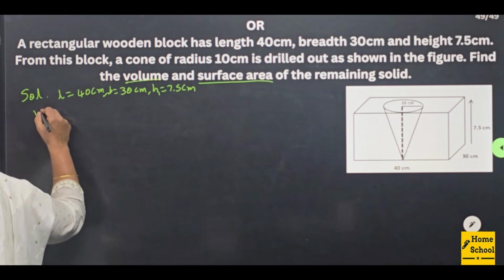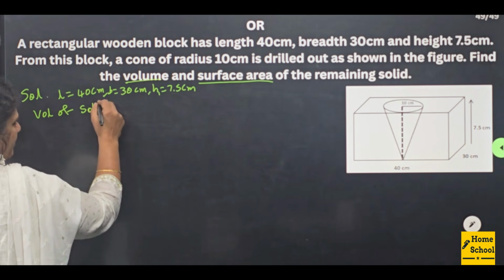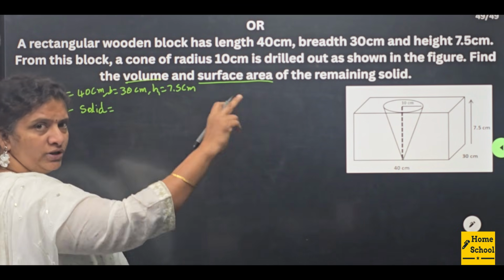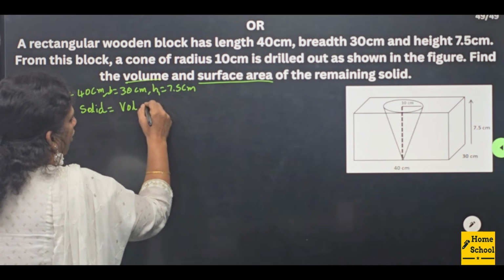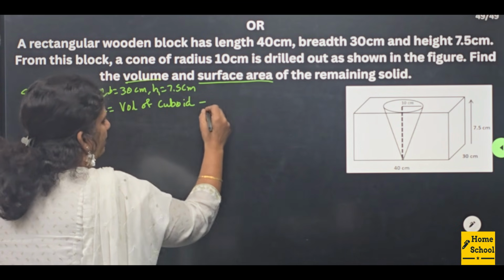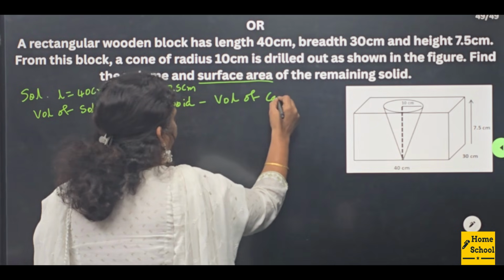First one, volume of the remaining solid is equal to, how do you frame the formula? Total solid is cuboid. From the volume of cuboid, subtract volume of cone.